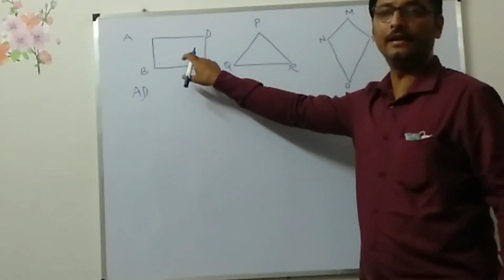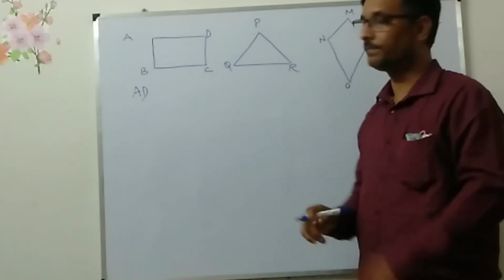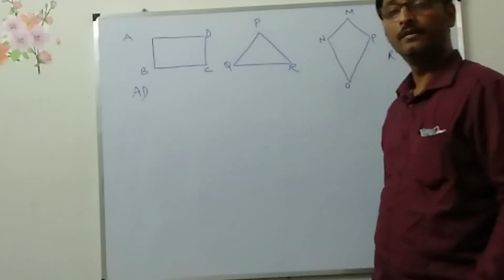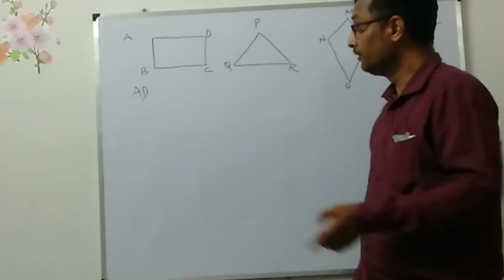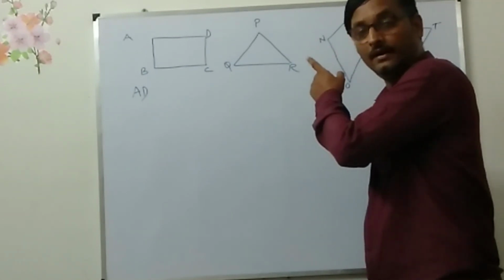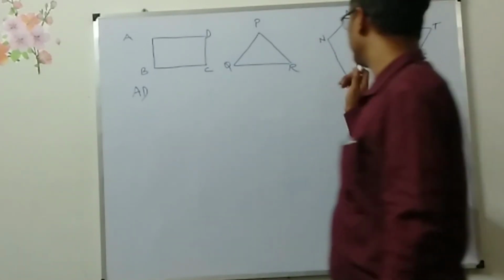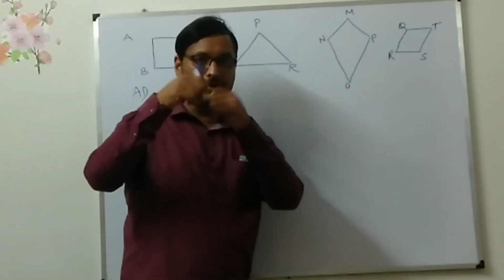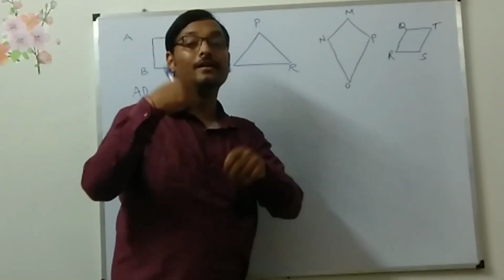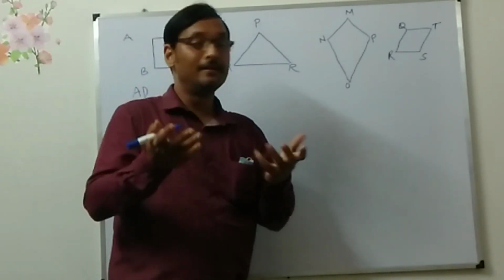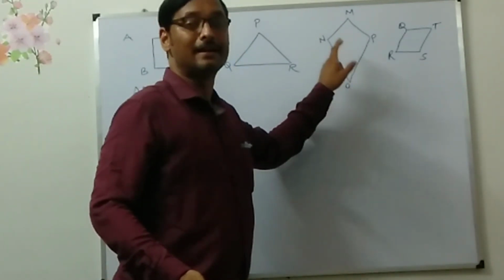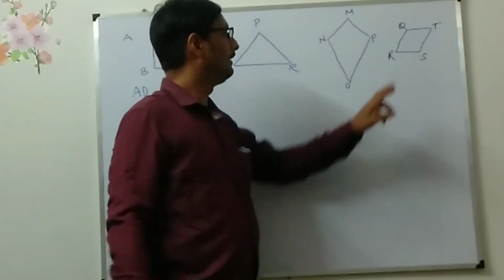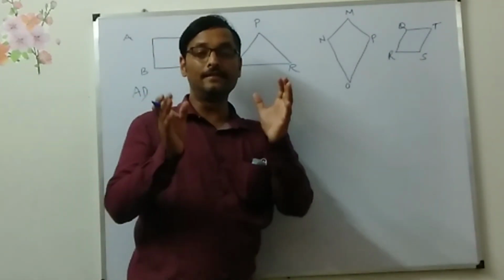This looks like a rectangle, and this one, you are correct, this is a triangle. And what about this? It looks like a kite. Yes, it is a kite. And what about this? This is a rhombus.